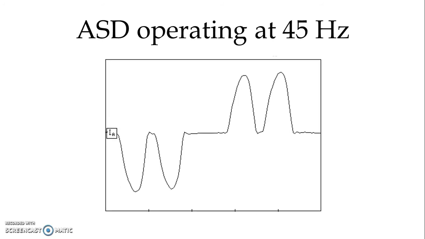And this is the current waveform while our adjustable speed drive is operating at the lower frequency of 45 Hz. As I said, there is a substantial increase in total harmonic distortion from almost 37 to 38% to 74 to 75%.